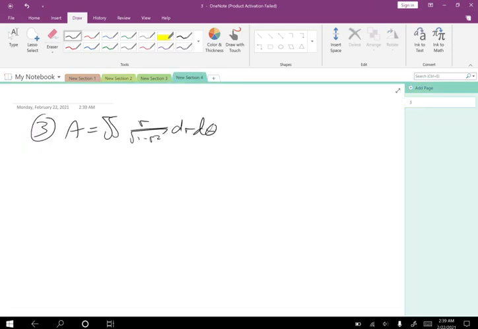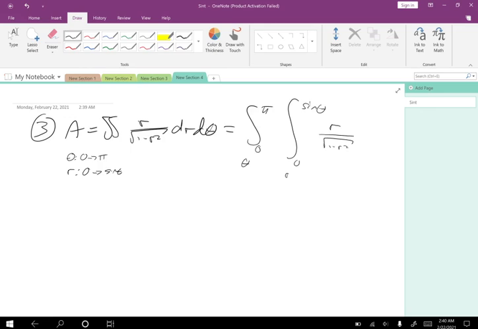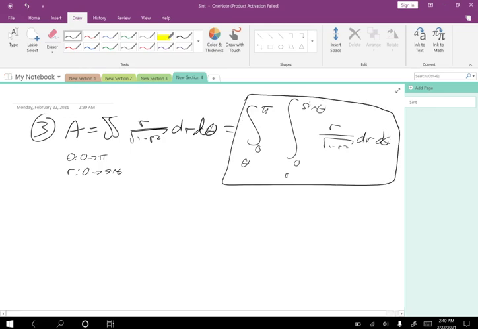So theta goes from 0 to 2 pi, and r goes from 0 to, looks like it was sine theta. So I'll put our theta on the outside, because there's no r there, and then I'll put my r limits here. That's the integral we need to evaluate, and I'll leave this to you.